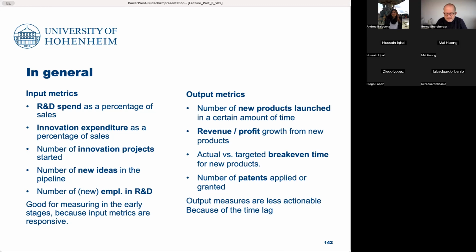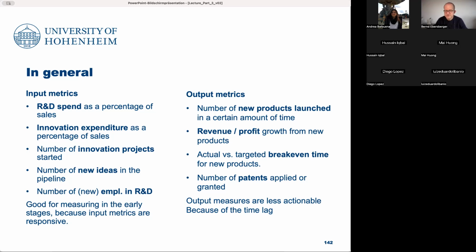And we had this already, I think, in your contributions, but I think it was on the output metrics. So you can also not only look at the levels, but also at the dynamics: change in R&D spend, change in innovation expenditure.